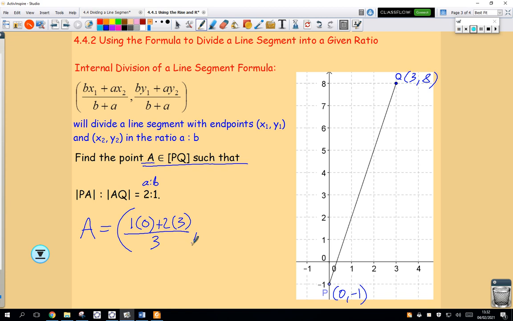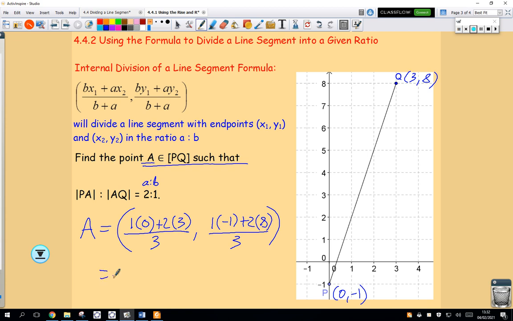And then we just find the y coordinate by b times y1. b is 1, times the first y coordinate, which is -1, plus a times y2. a in the ratio is 2, times the second y coordinate, 8. And that's just divided by the total number of parts in the ratio, which again is 2 plus 1 is 3.